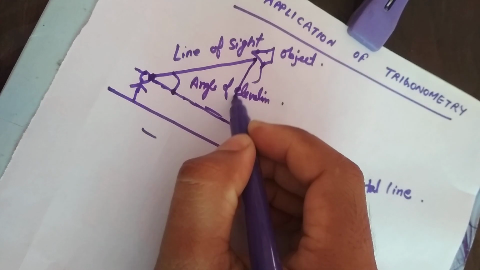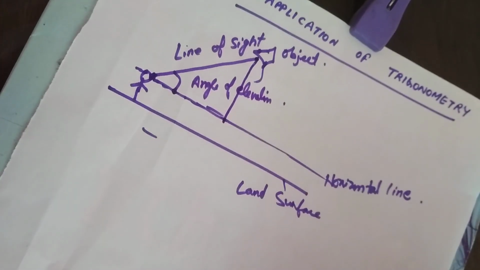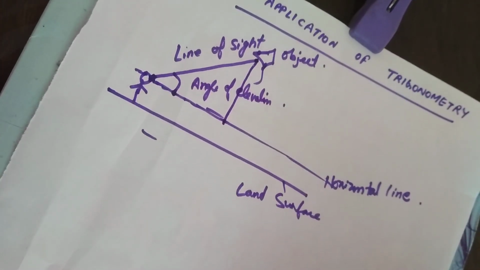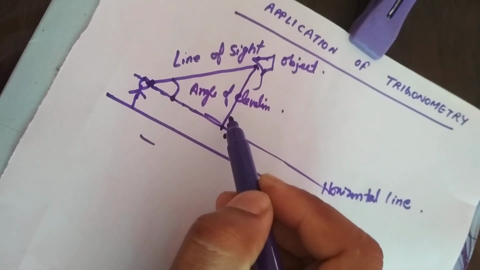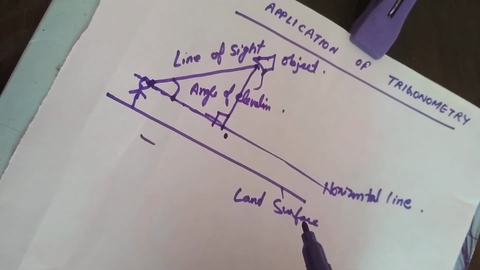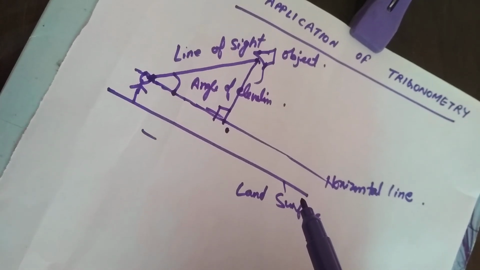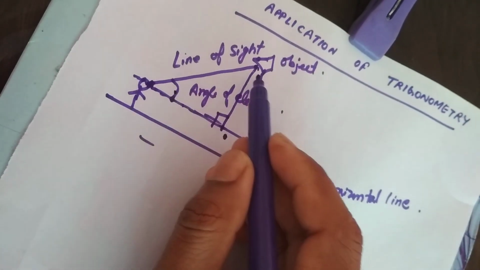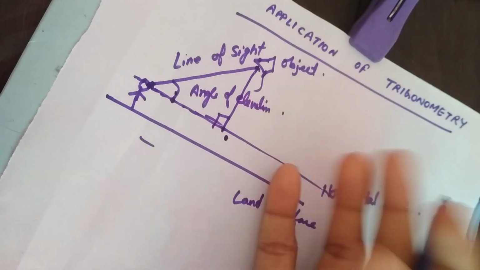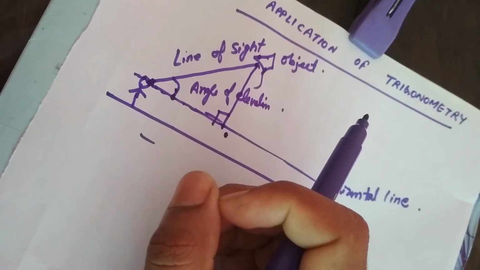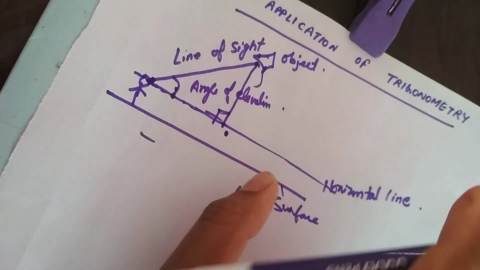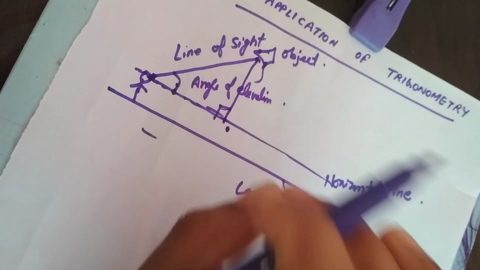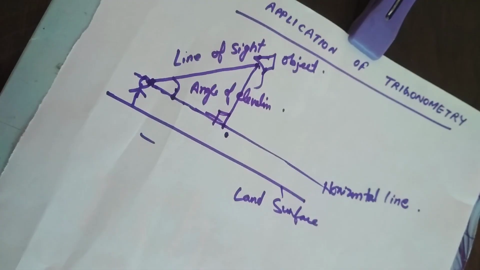If I join this particular line along with this horizontal line, this is 1, 2, 3. A right angle triangle is formed. Now if we know the angle, we can easily find the answer using whichever trigonometric ratio is best suited for this concept. This is the first portion that we have.